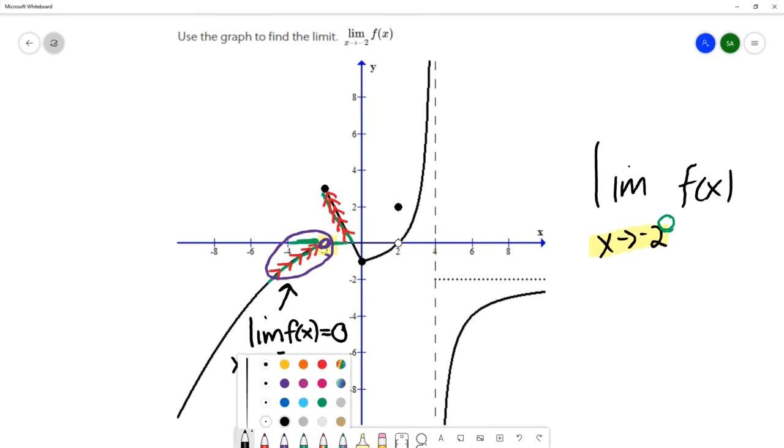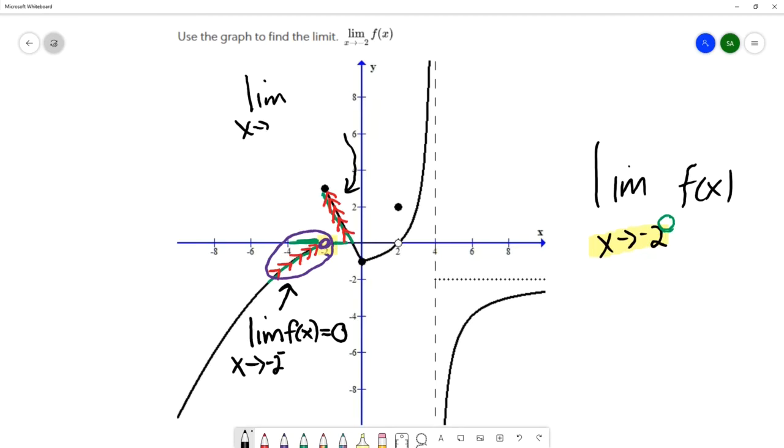And then from above, the limit as x approaches -2 would be approaching this spot right here. The graph is leading towards this spot, and that has a y value of 3. So that limit from above is 3.